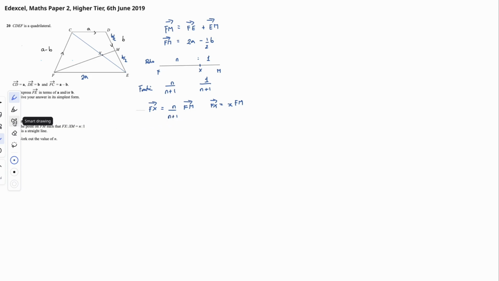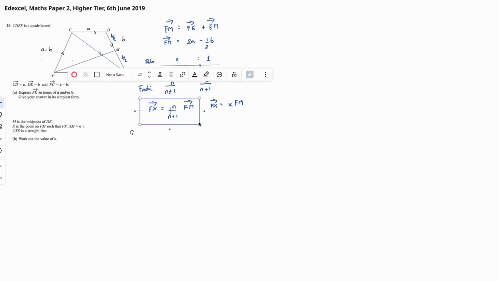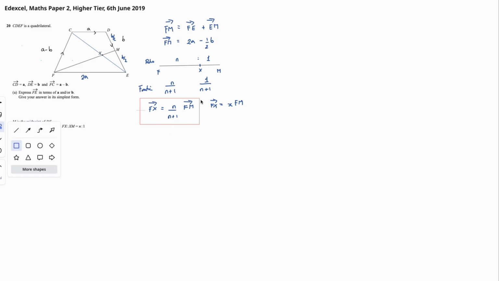Now, these are two key points that are worth bearing in mind. So let's highlight these in red, that one there, and this one as well, because these are important expressions that we're going to have to think about using at some point in our calculation.